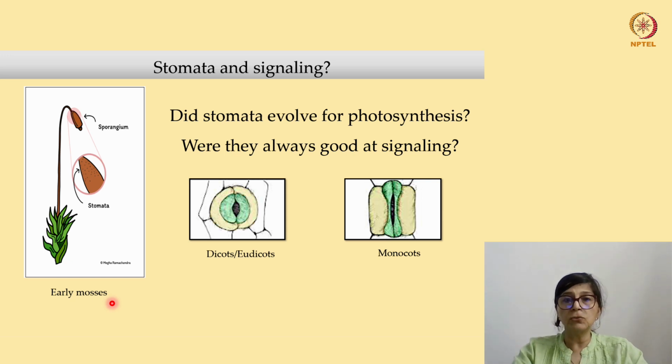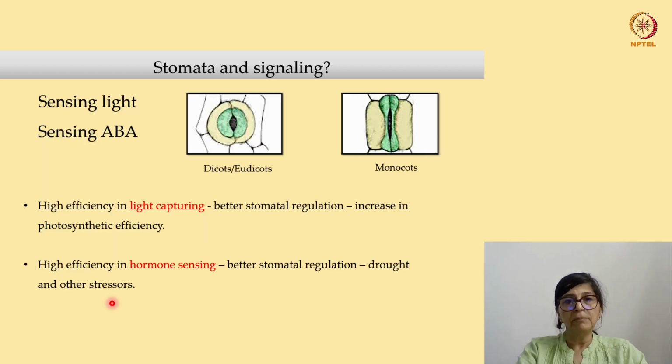But of course, as you know, once land plants started coming onto land, becoming independent, coming off the land surface, going as high as 100 meters, stomata became the most important cell that a plant could have. The main function was light capturing, light signaling, and also hormone sensing.